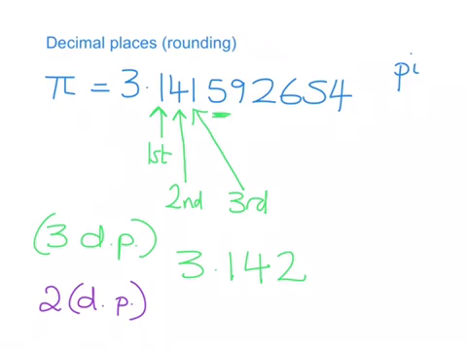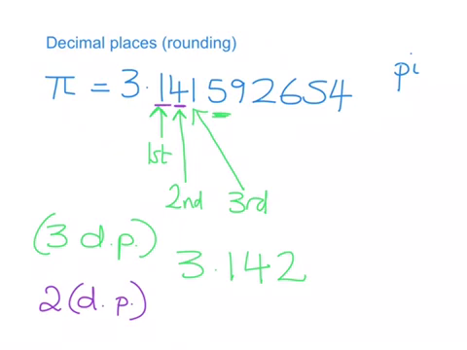If I was looking at the value of pi just correct to 2 decimal places, I'm now going to be having less detail because I'm looking at a smaller number of decimal places. So for 2 decimal places, I've got my 1, because that's my first decimal place, the first digit after the decimal point. Then the 4, that's the second digit after the decimal point.